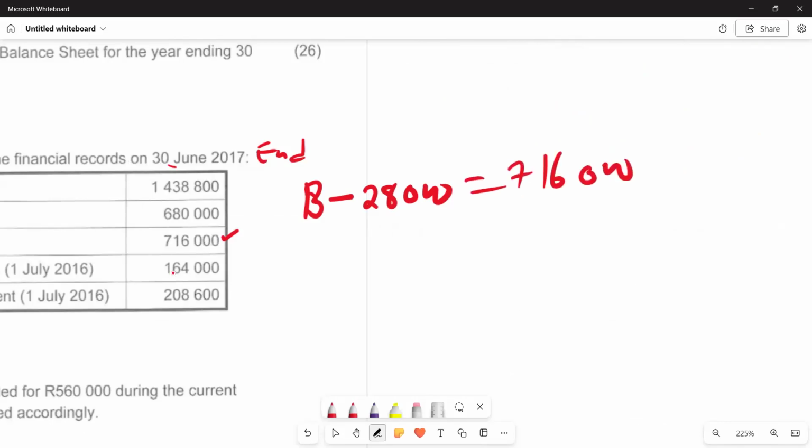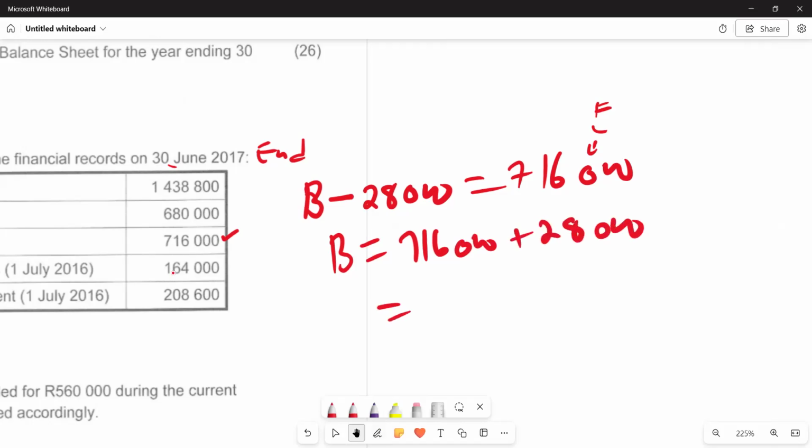So this is the scenario that we have. This one is representing the end. So if you formulate this equation, the figure that you want is at the beginning, which is B. You take the 28,000 to the other side, it becomes positive, so you add your 28,000.